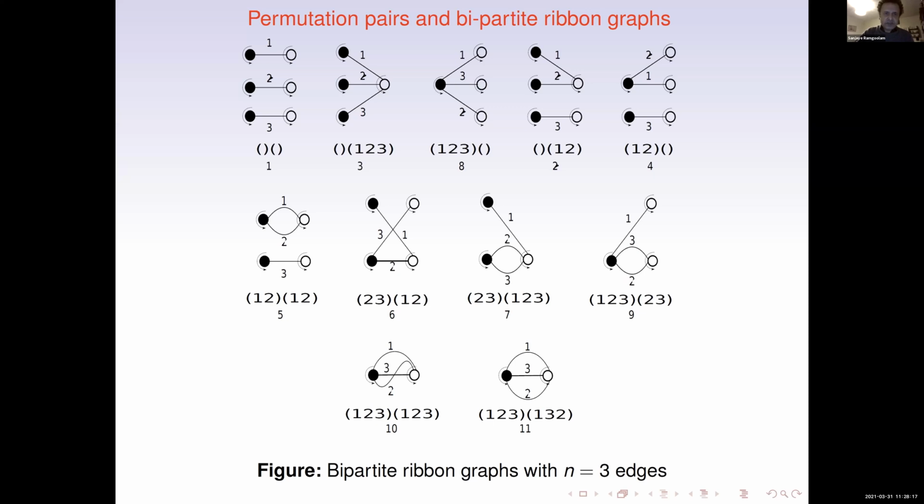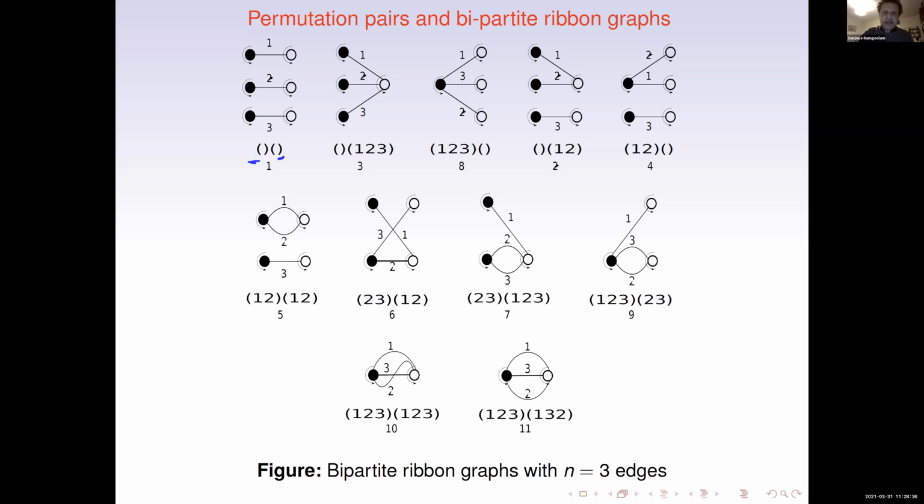The graphs are embedded on a surface, therefore all the vertices inherit one cyclic orientation. So you label the edges, and then you go around the vertices and read off. Here 1 is going to 1, 2 is going to 2, 3 is going to 3. So that's the identity permutation.